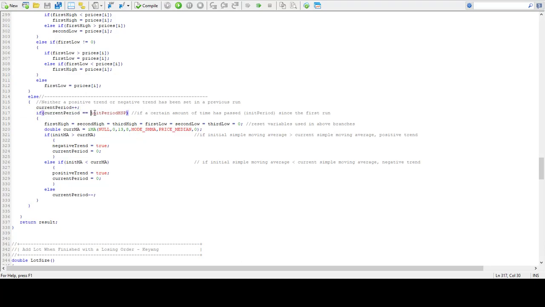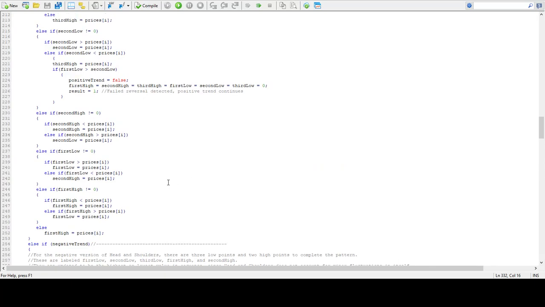When it becomes the same as an amount generated by the optimization at the start, it sets the variables it's using to 0. It gets the current moving average and compares it to a moving average determined when this program was initialized. Then it determines whether it's a negative trend or positive trend based off of that. If it's equal, it decrements the current period and checks again the next tick.